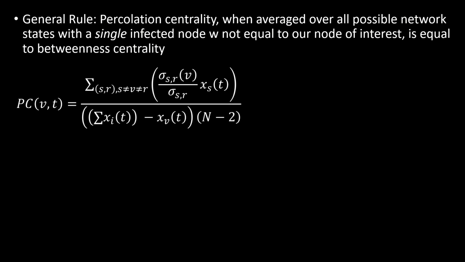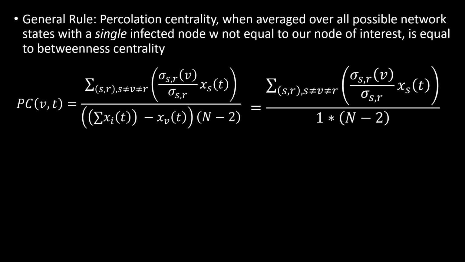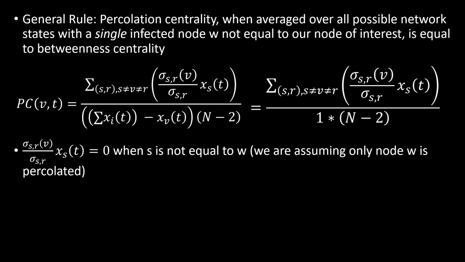If only one node W is percolated and our node of interest is V, then the left factor in the denominator will equal 1, so the denominator becomes n-2. Also, the summands with source node not equal to W are all 0, and the summands with source node equal to W are all equal to the shortest path fraction.